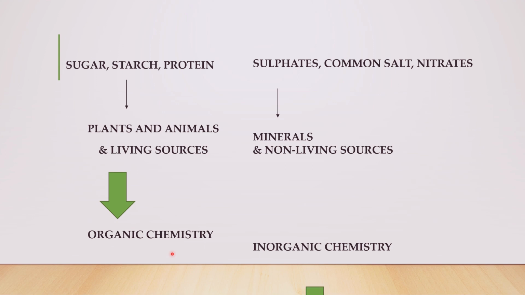And then substances like sulfates, common salt, nitrates derive from minerals and they are from non-living sources. These substances belong to a branch of chemistry known as inorganic chemistry. These are the differences between organic and inorganic chemistry.